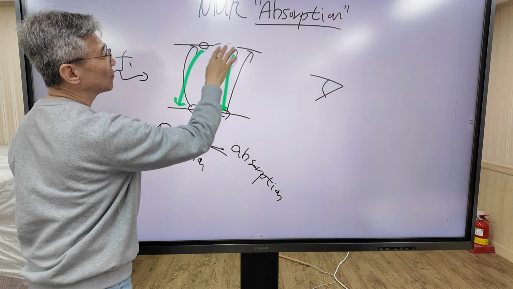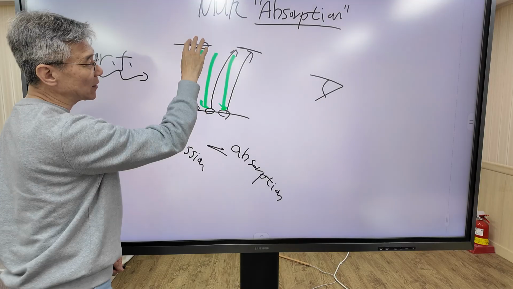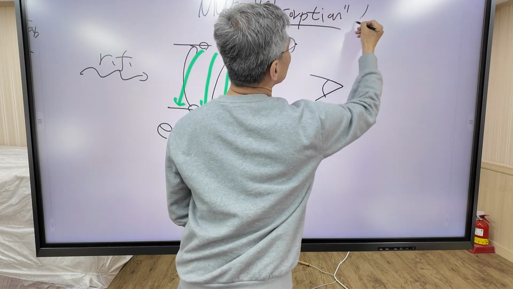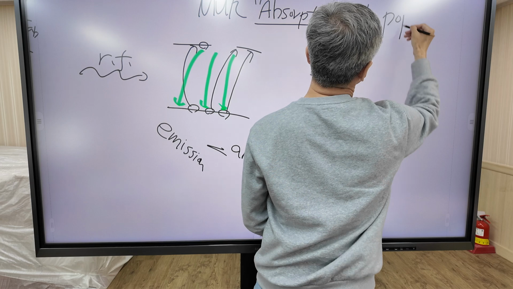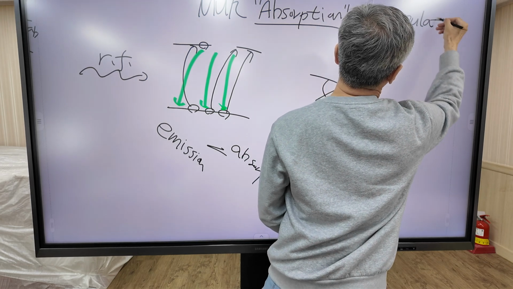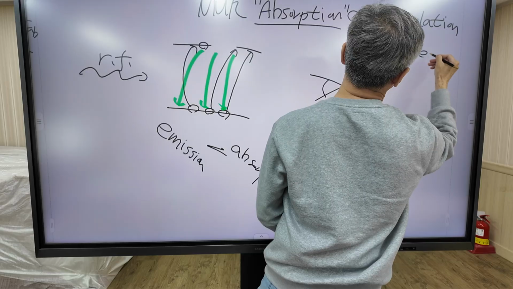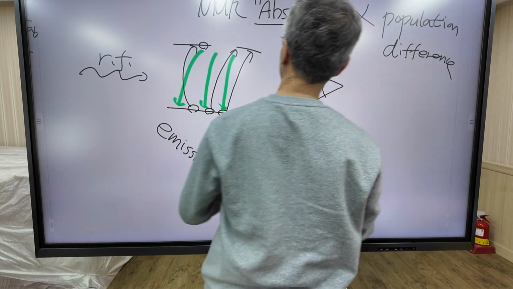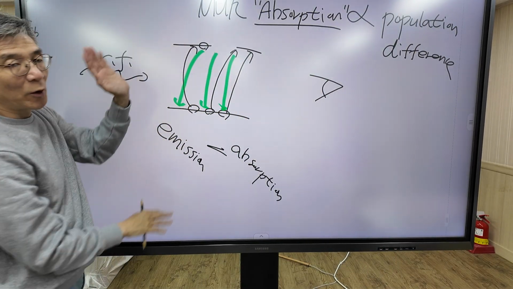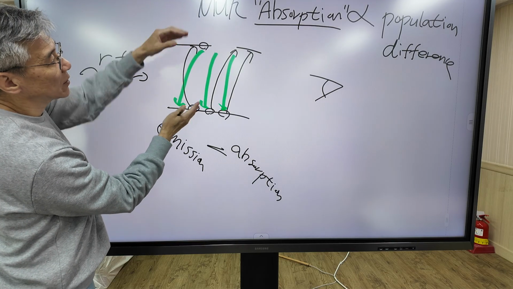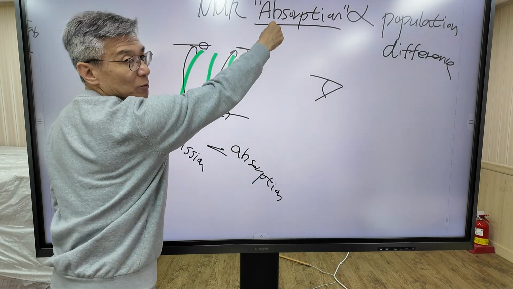The population must be different. The absorption signal is proportional to the population difference. If the population difference is 0, no absorption is shown. So population difference is the key point to observe absorption.